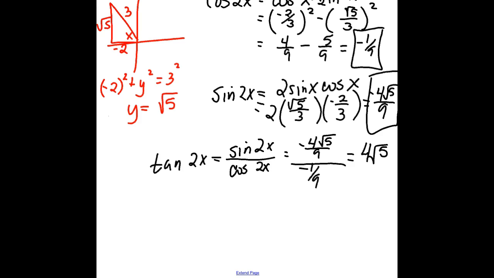Okay, the 9's drop out, the negatives drop out. Questions on that first one? Nope. In this case, we knew sine and cosine, so we could have used any of them. What I said before was, let's say you only knew the cosine, then you'd want to use the one that just involves cosine.